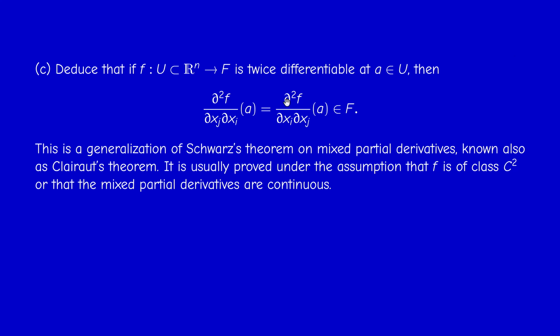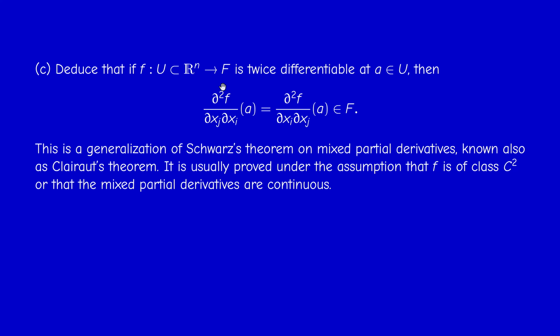In particular, you will prove a generalization of Schwarz theorem about the equality of mixed partial derivatives. It's also known as Clairaut theorem that you probably studied in calculus. But usually in calculus, you prove it under stronger assumptions, that f is of class C2 or that the mixed partial derivatives are continuous. But here we don't need to assume that. All we need is that f is twice differentiable at one point.